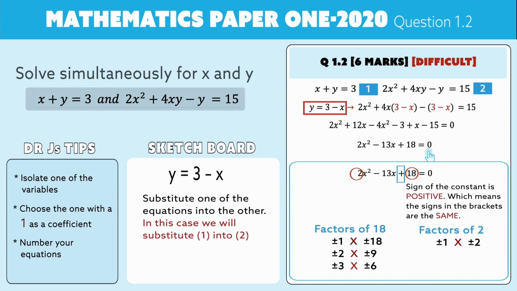We look at the sign in front of the middle term, and that is indeed negative. So because they're the same, and we have a negative over here, it means both signs in my factor pair are negative, folks. Okay, so now I've got enough information.